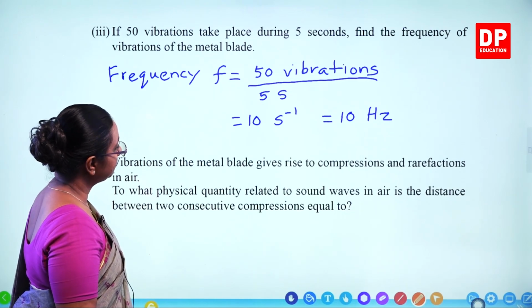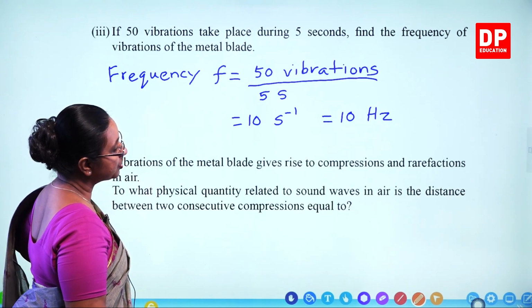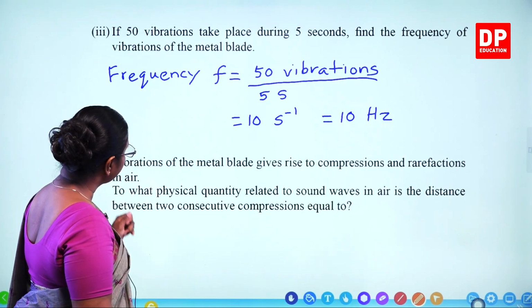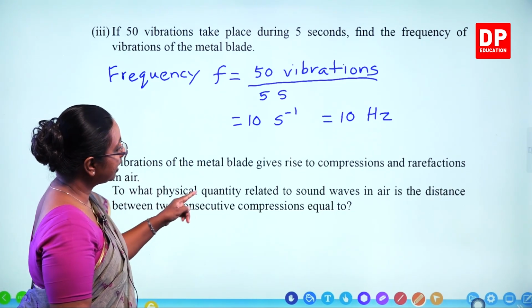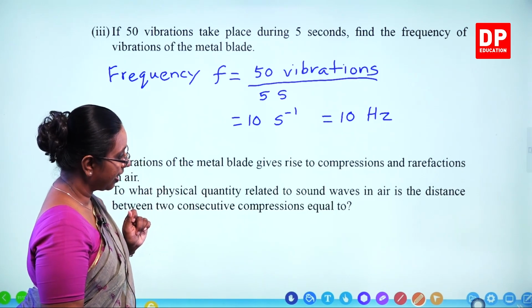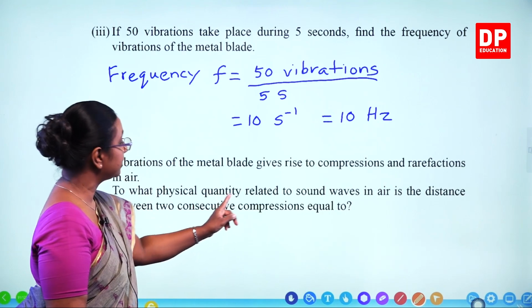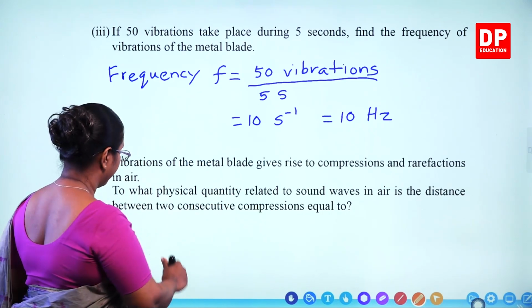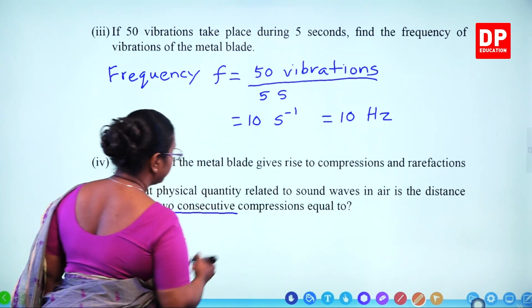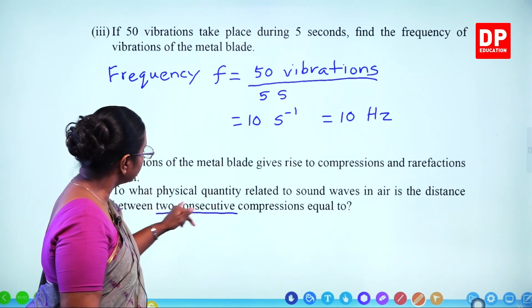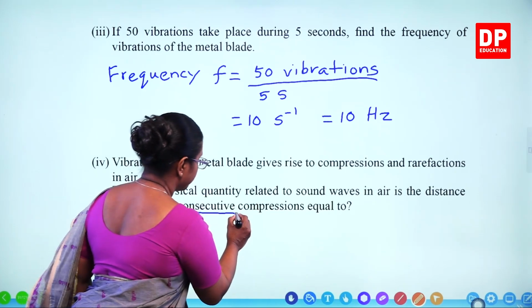Vibrations of the metal blade gives rise to compressions and rarefactions in air. To what physical quantity related to sound waves in air is the distance between two consecutive compressions equal to? So here you have to look at these terms. Two consecutive compressions.